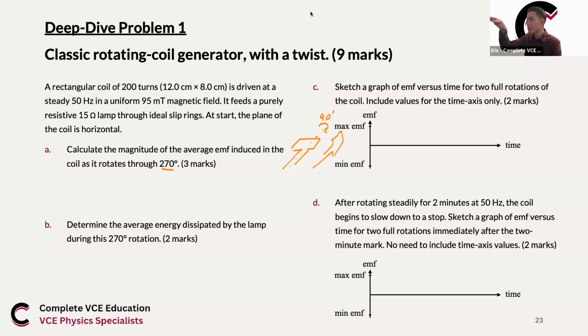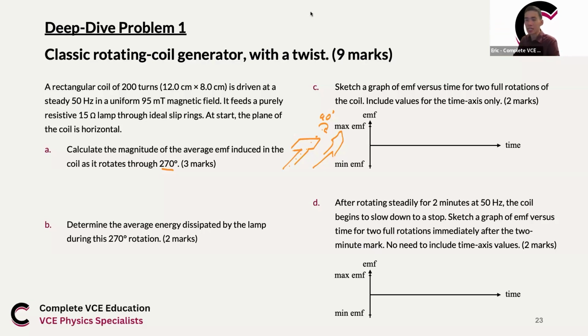Like from 0 to 90, 90 to 180, 180 to 270. If we break it down into 3 parts, all these parts should have the same amount of average EMF induced, because these things are all symmetrical. So basically what you're doing is you times by 3 and divide by 3. So the average for 270 in fact has no difference from considering that the coil rotates 90 degrees.